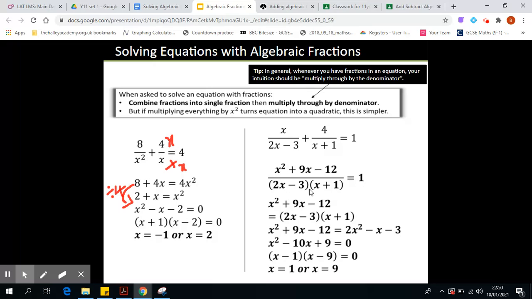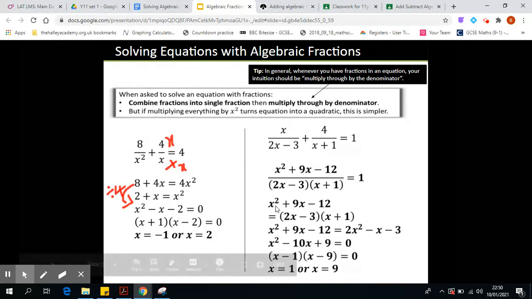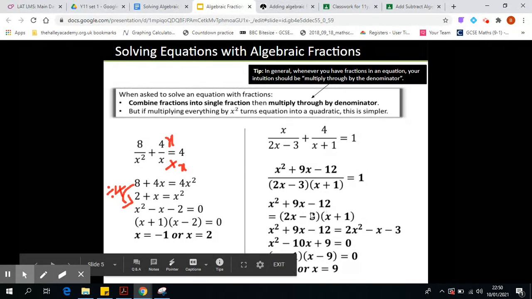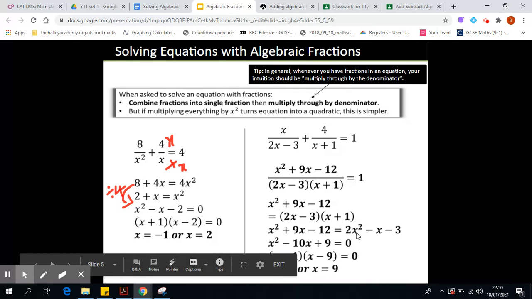Multiplying by 2x minus 3 and also x plus 1 on both sides, we get x squared plus 9x minus 12 is equal to 2x minus 3 multiplied by x plus 1. Expanding the brackets would give us 2x squared minus x minus 3.